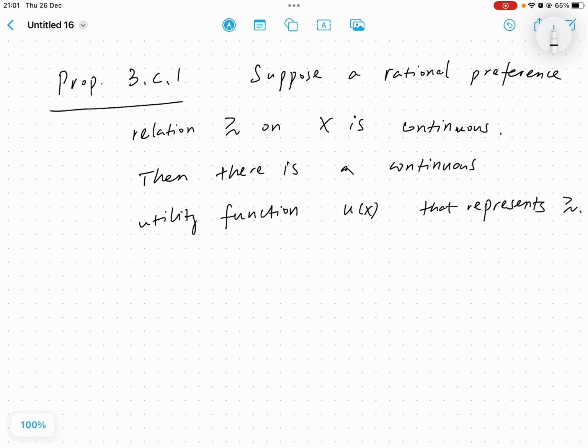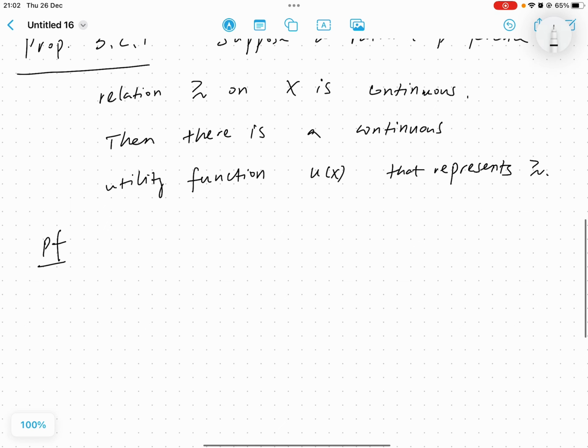So if we can successfully prove this proposition, then we can use the utility function instead of the preference relation in the analysis of decision making problems. Good.